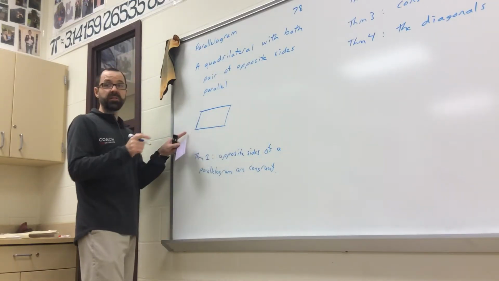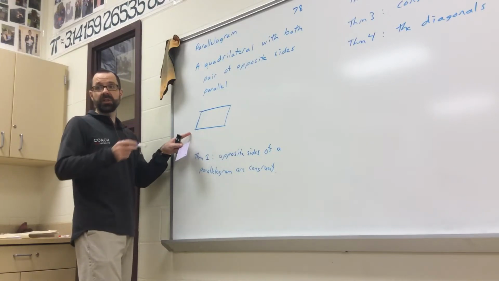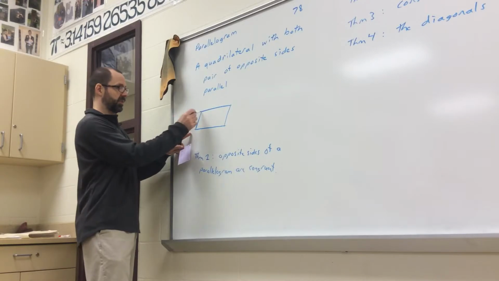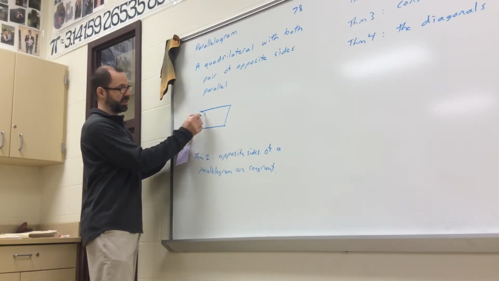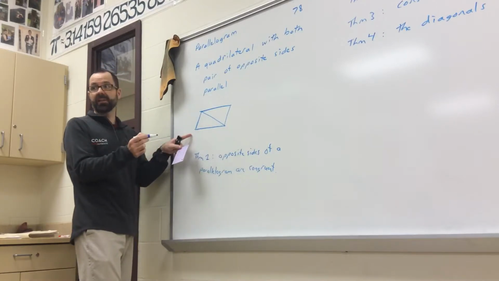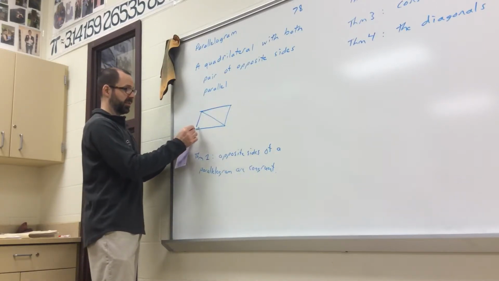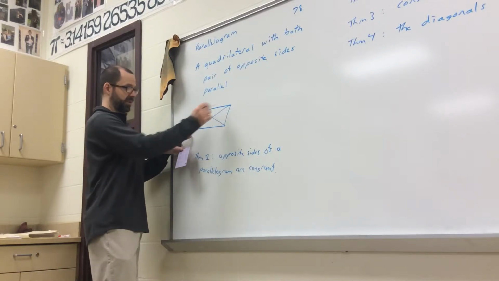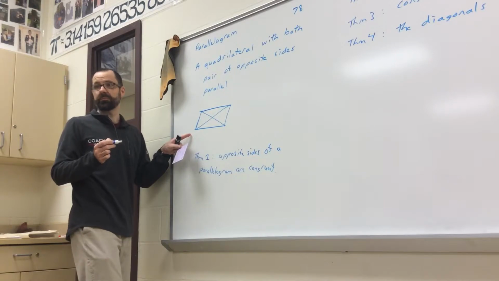So a diagonal is a line that connects 2 points on the figure. So here's a point on the figure, here's another point on the figure. So that line that connects those is called a diagonal. And then here's another point and another point, so there's another diagonal. So there's the two diagonals on the parallelogram.